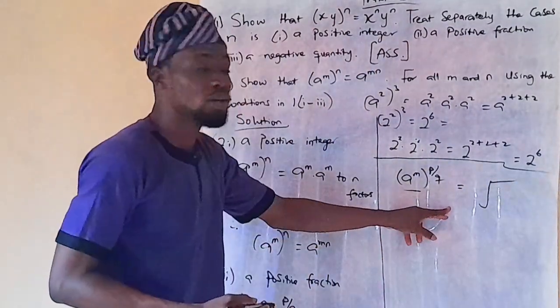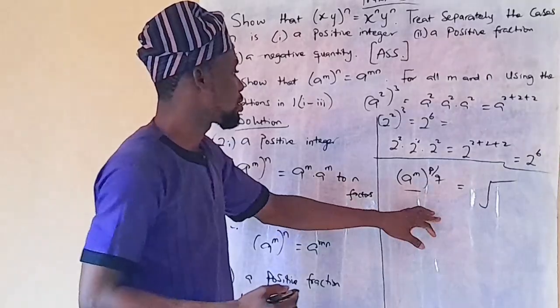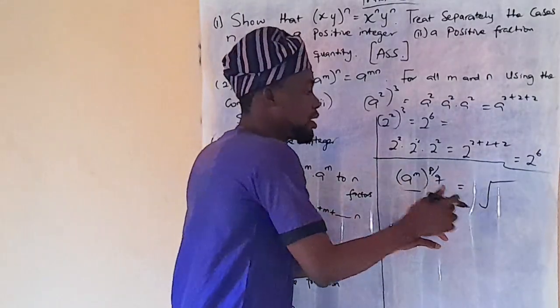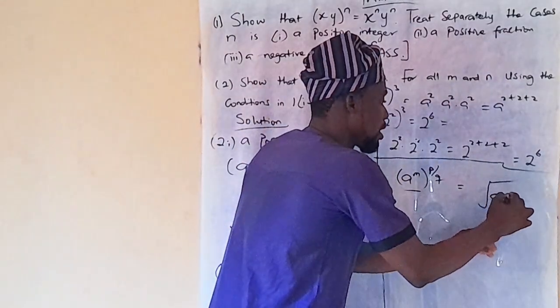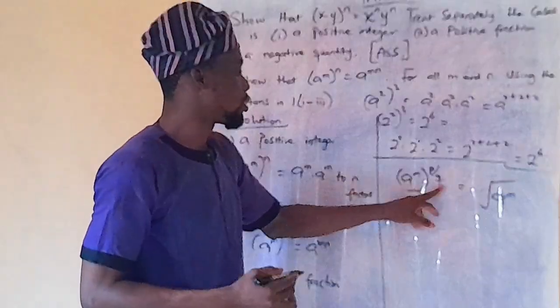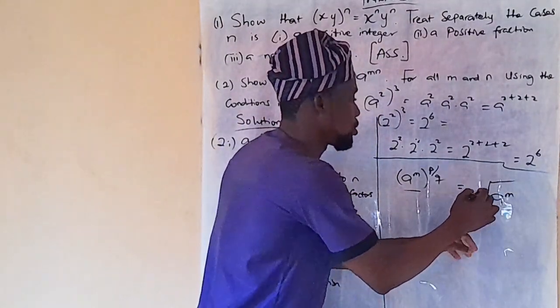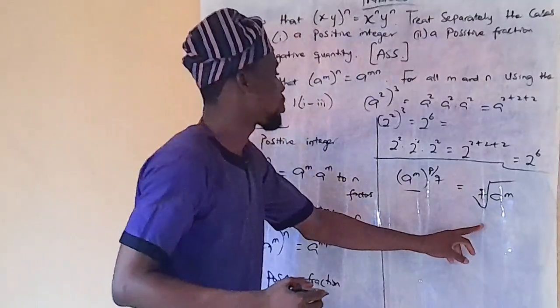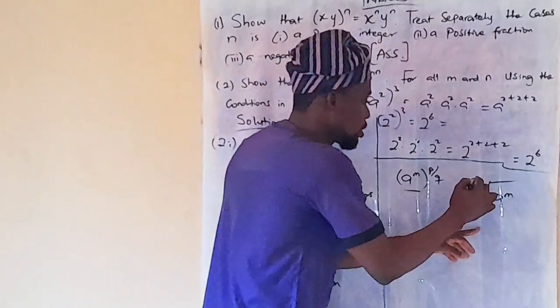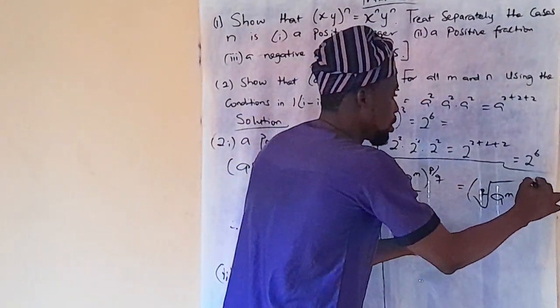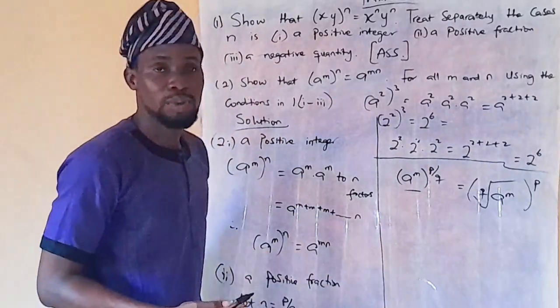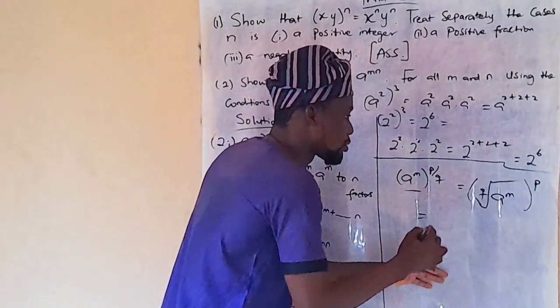If you've been following us in our solution of indices, introduce the square root, put this base within, a raised power m. This denominator, put it outside but within the square root. That's q. Then this numerator, make it the power, which is p.